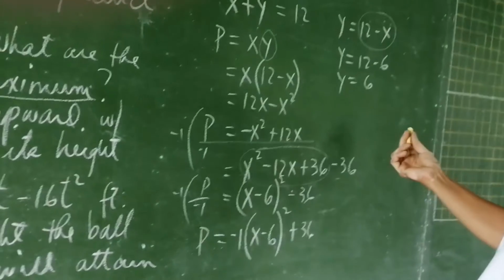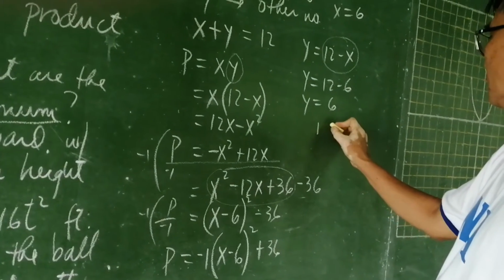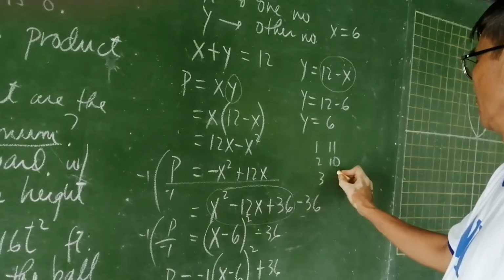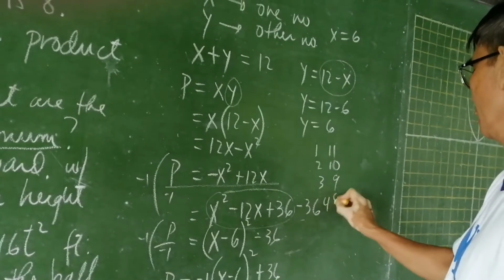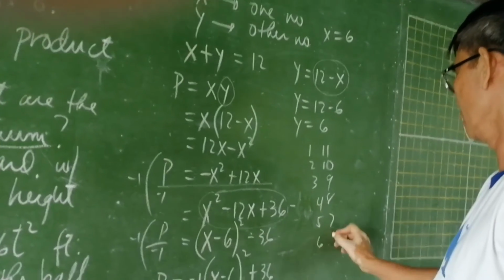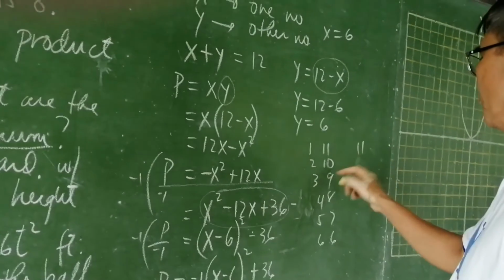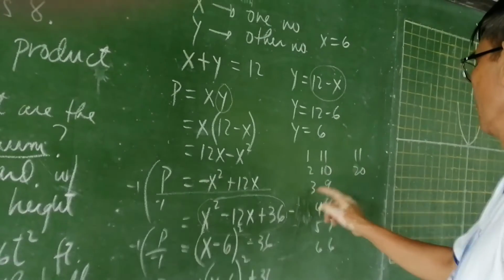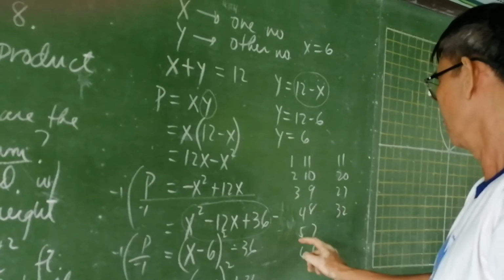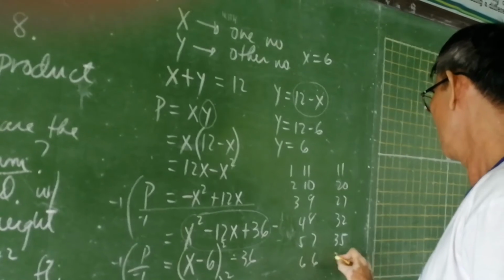Let's just demonstrate. Let's say some numbers here: 1 and 11, then 2 and 10, 3 and 9, 4 and 8, 5 and 7, and 6 and 6. So when you get the product, 1 times 11 is 11, 2 times 10 is 20, 3 times 9 is 27, 4 times 8 is 32, 5 times 7 is 35, and 6 times 6 is 36.